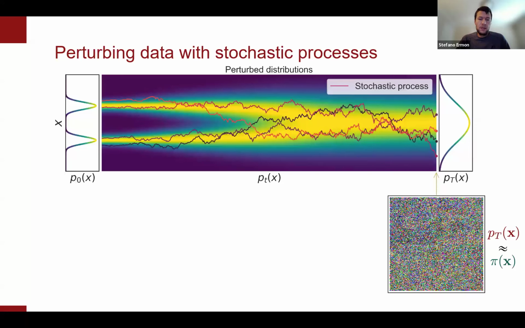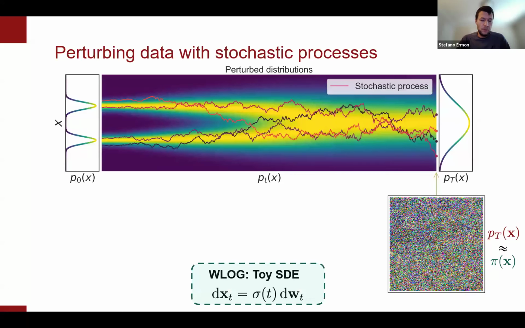We can describe this kind of process using a simple stochastic differential equation, where, if you were to discretize it, this process would correspond to relatively simple dynamics. We start the process with a data point, and then we add a little bit of noise at every time step.